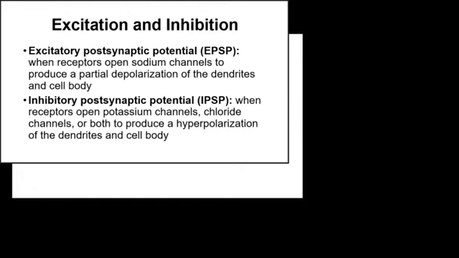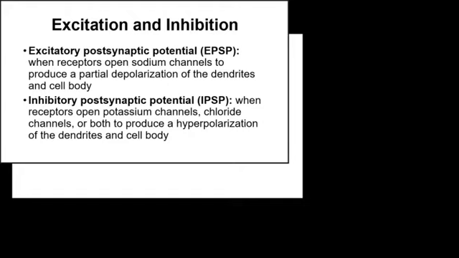So we can look at excitatory postsynaptic potentials, or EPSPs, which I will never say because I'm never going to remember the order. This is basically when the receptors, when they're activated, open sodium channels and produce a partial depolarization in the dendrites and or cell body.